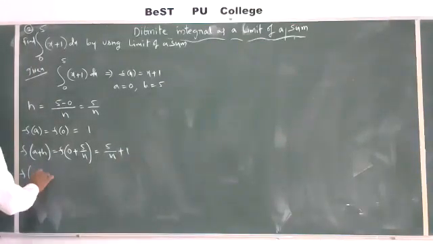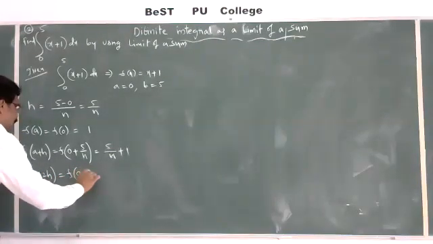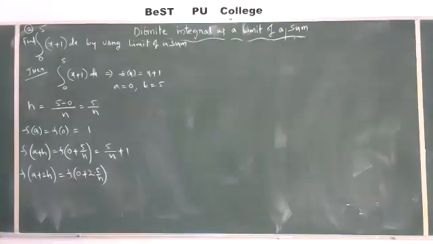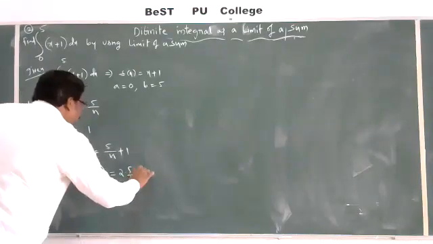f of a plus 2h is equal to f of 0 plus 2 into 5 by n, that is 2 into 5 by n plus 1.